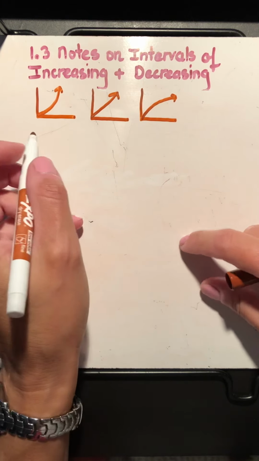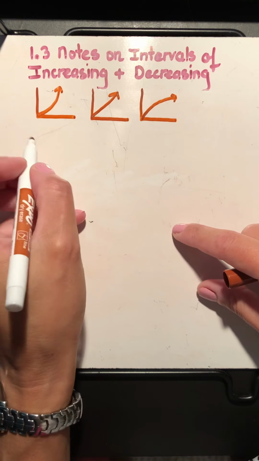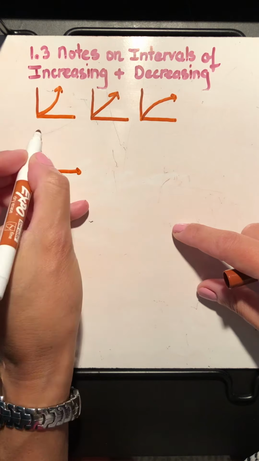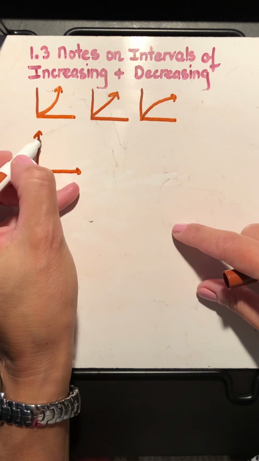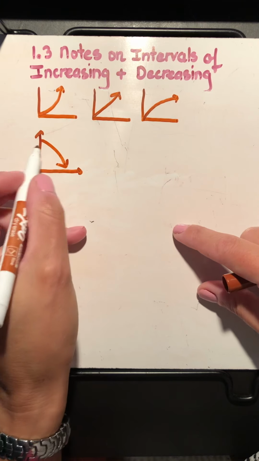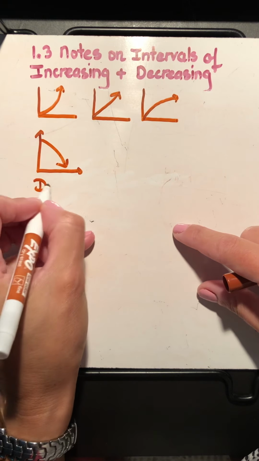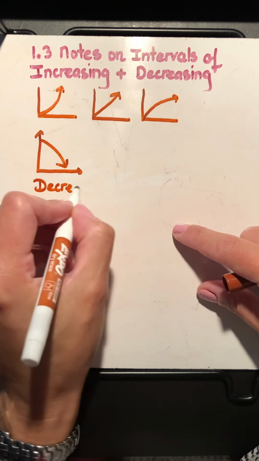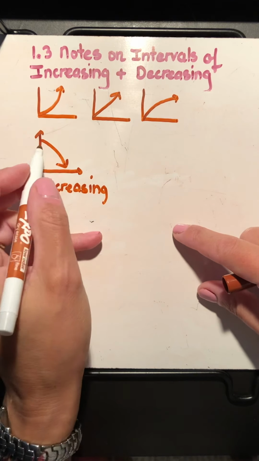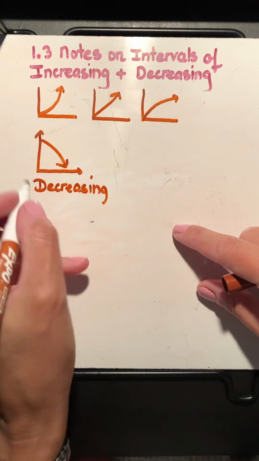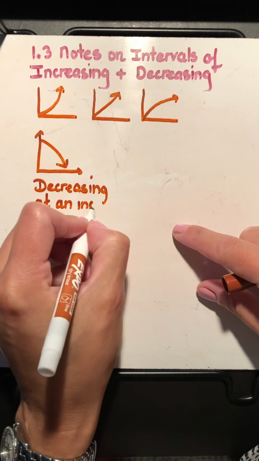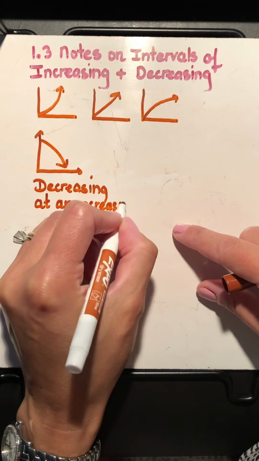So you may have figured out that we could also decrease. So let's look at those scenarios. If I have a function that looks like this, I'm just going to make it up here, right? This function is decreasing because you could see it looks like it has a negative slope, but it is decreasing at an increasing rate.